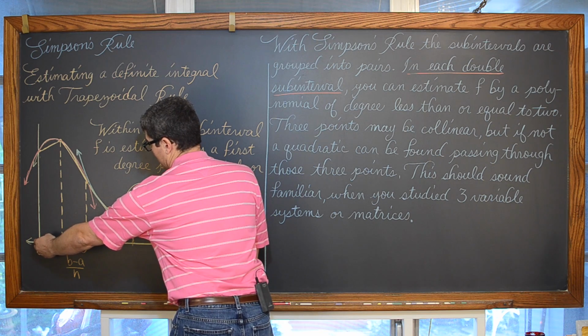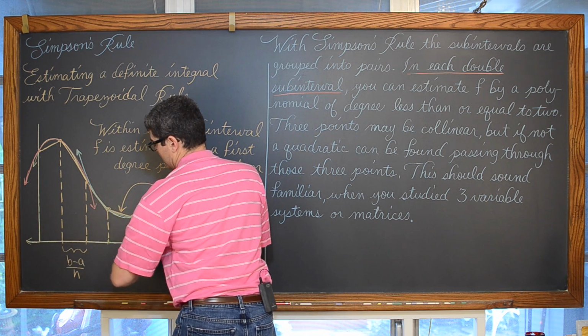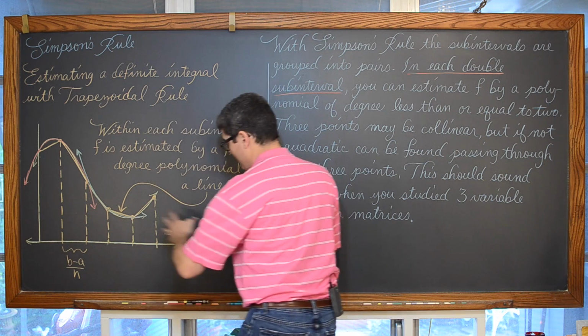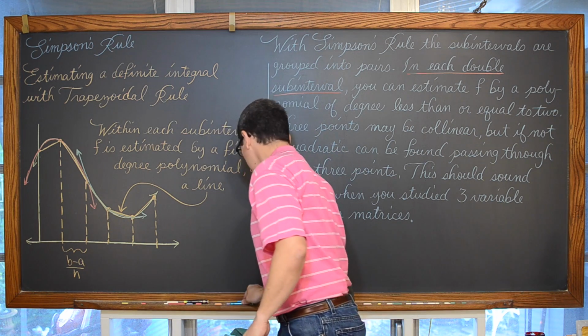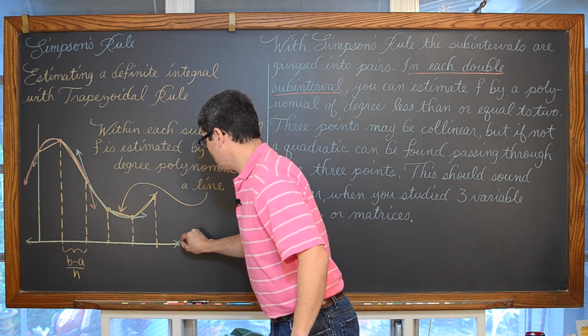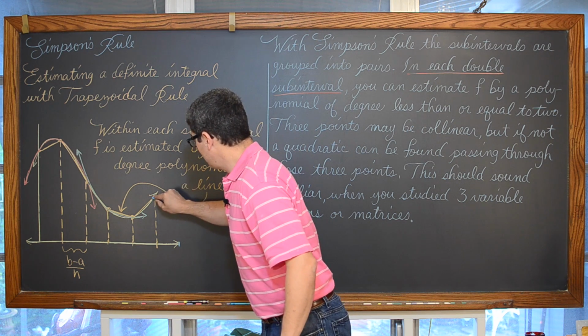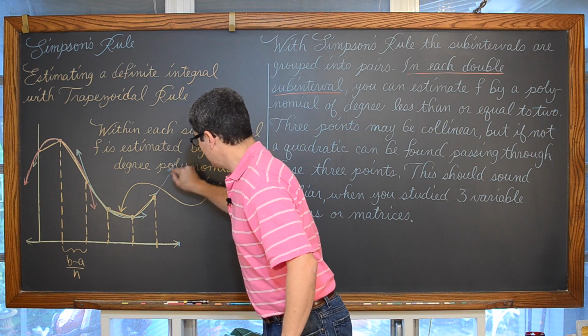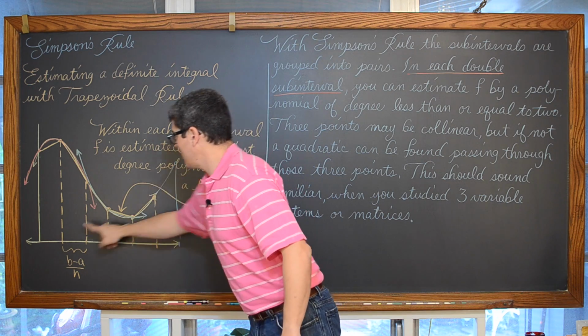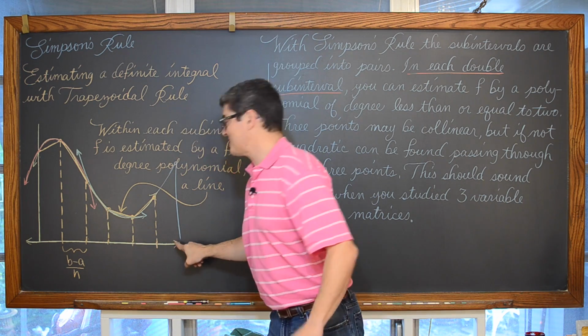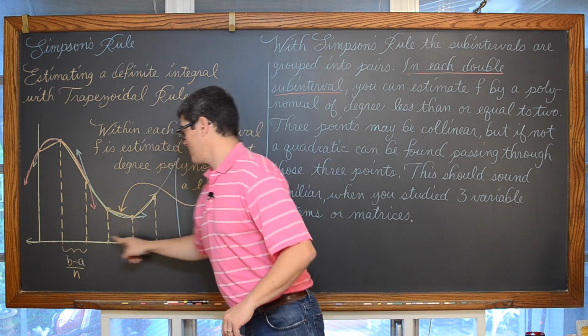I don't want to try and draw, say, 6 points, but maybe I could extend the interval to include just one more point, where now I've got 1, 2, 3, 4, 5, 6 subintervals within this region along the x-axis.